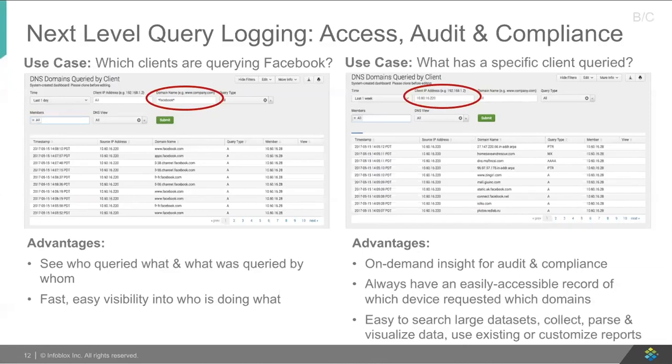You can easily understand what devices are accessing what domains. If you have restrictions on websites and domains that you don't want your end users or population going to, you can easily see if there are any violations around that.